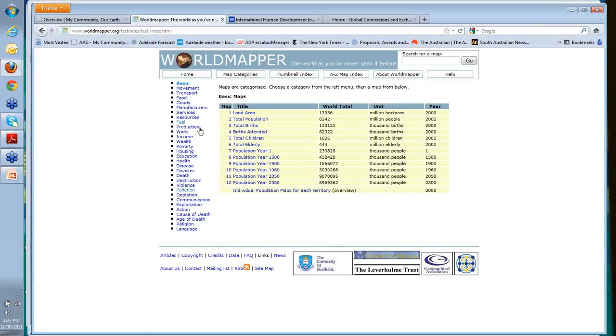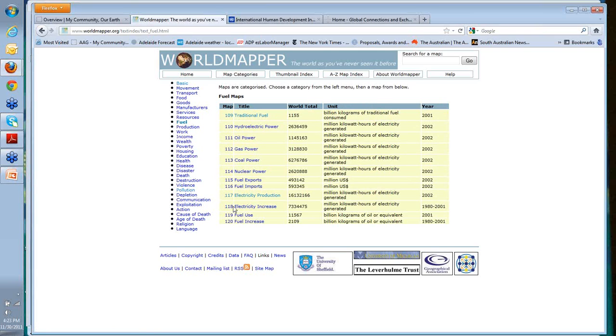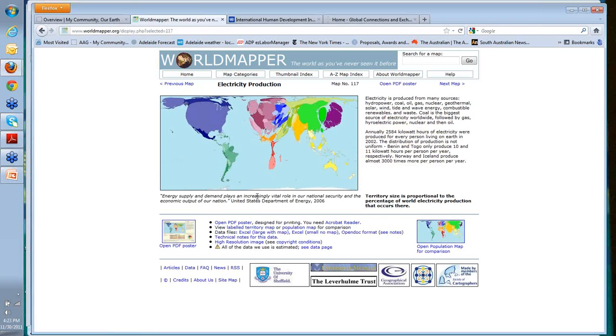In reviewing this, I've already looked at the fuel and pollution, some of the different categories that they had. And I was interested in electrical production. If we take a look at that particular map, you can see which countries are producing a lot of electricity, which countries are producing less. It is interesting to see how that data is displayed by value as opposed to just the geographic space.